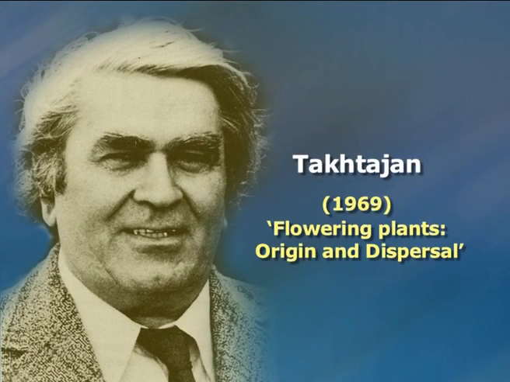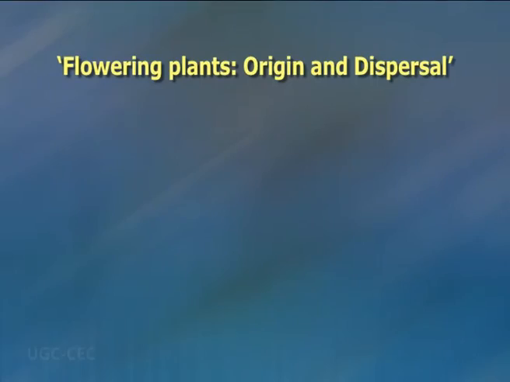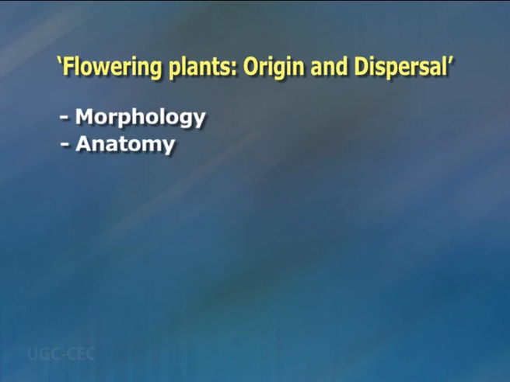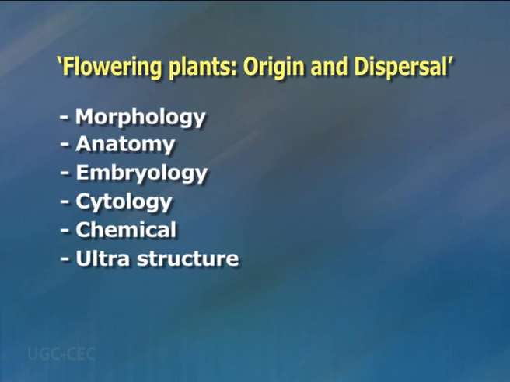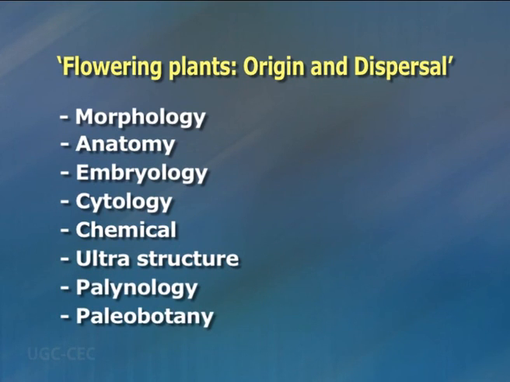A number of modern systems have been proposed, of which the best known and most accepted is that of Takhtajan in 1969, which was published as Flowering Plants, Origin and Dispersal. He presented a system of plant classification in which he considered all evidences from different fields including morphology, anatomy, embryology, cytology, chemical, ultrastructure, palynology and palaeobotany to classify the angiosperms.